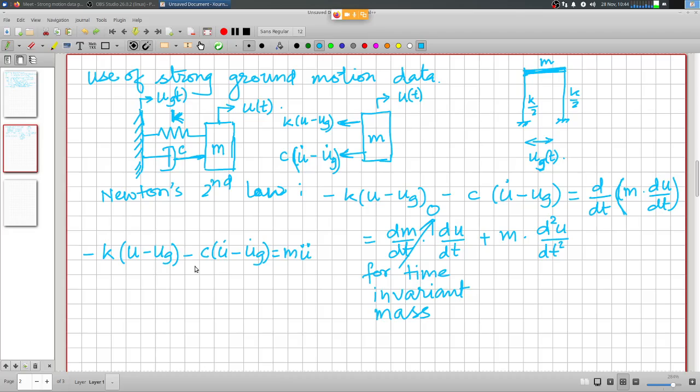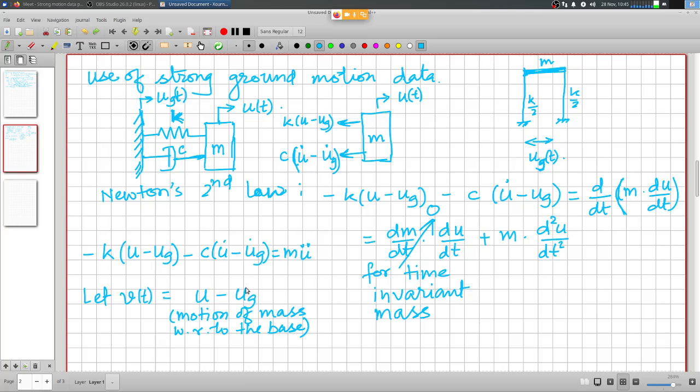So now just to rearrange the system, I define the motion v, which is the motion of the mass with respect to the base.